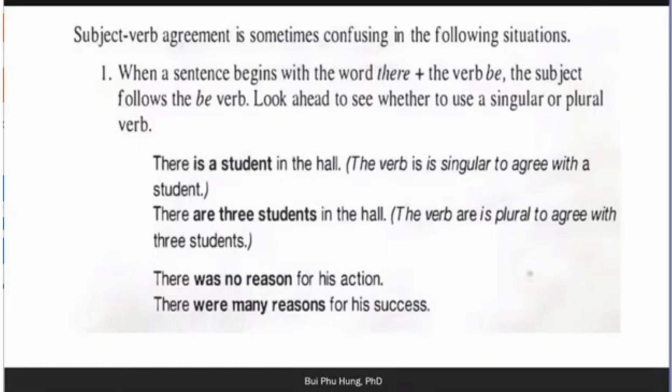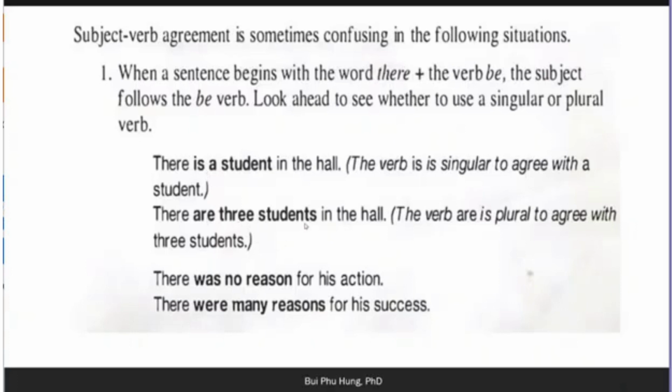The real subject is a student. So a student here is singular, and the verb is also singular. So they agree in number.